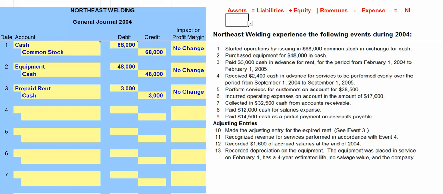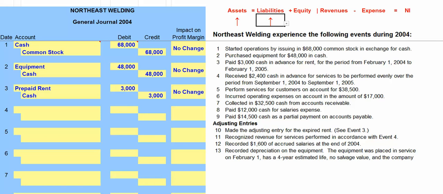In our fourth transaction, we received $2,400 in cash in advance for services to be performed evenly over the period September 1, 2004 to September 1, 2005. We've received cash, which is an increase in assets. Since we have not yet performed a service, we have an increase in liabilities. This is unearned revenues. This is much like how Millersville University would record your payment of tuition prior to the beginning of the semester.